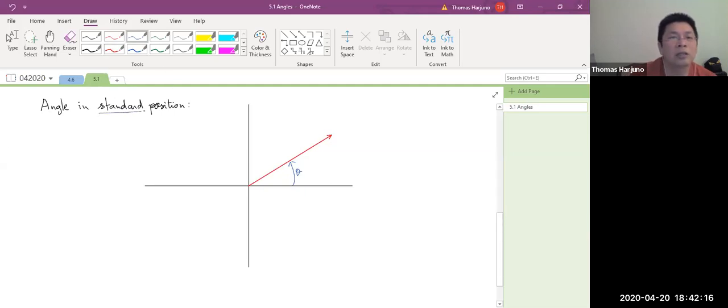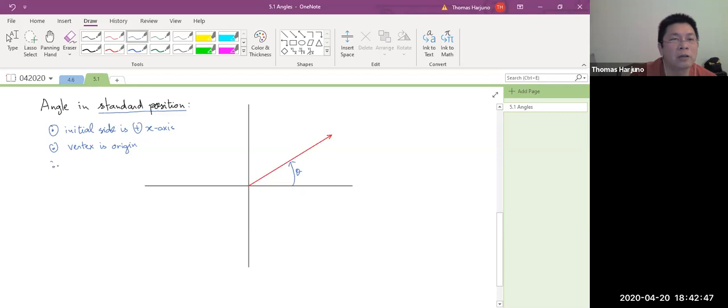The angle is in standard position if, first, the initial side is the positive x-axis. The vertex is the origin, (0, 0).